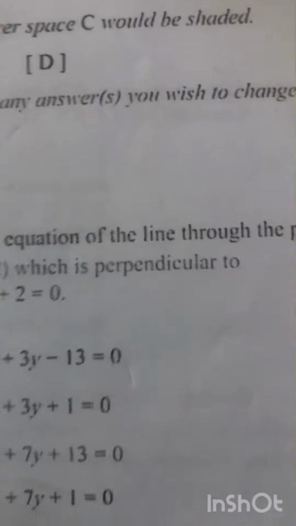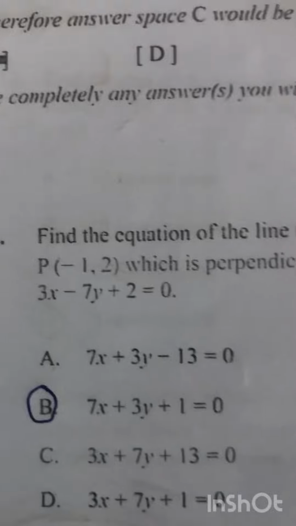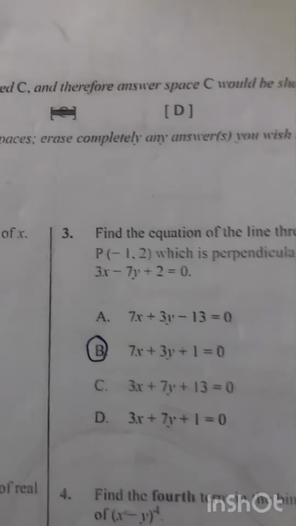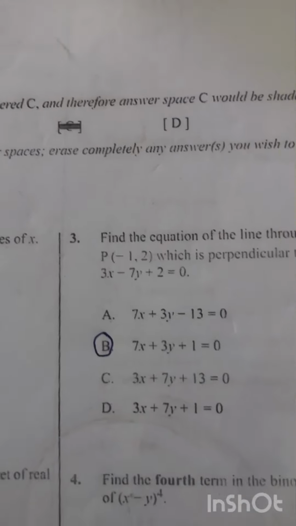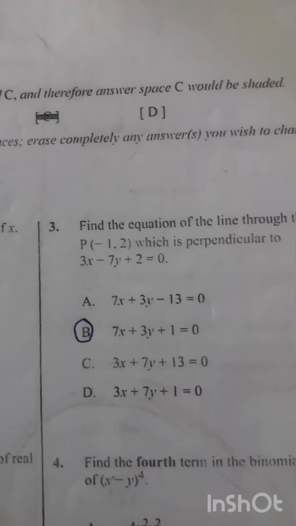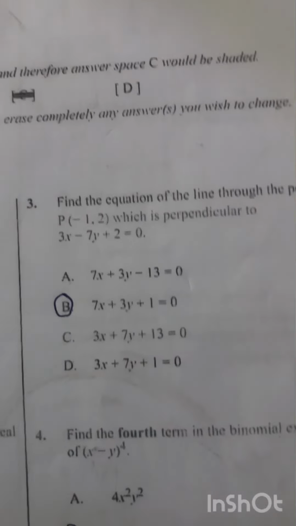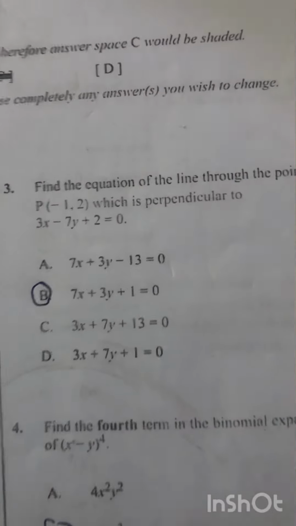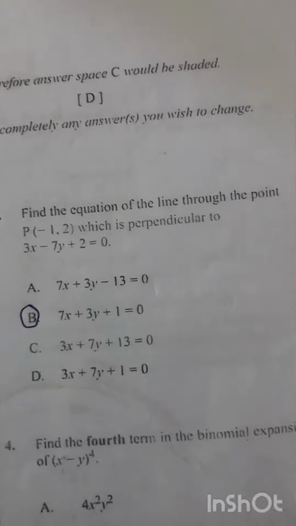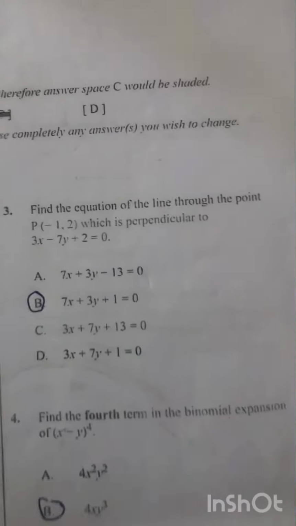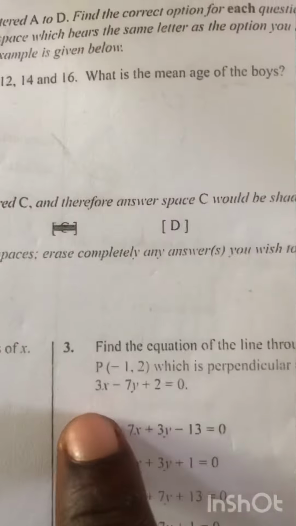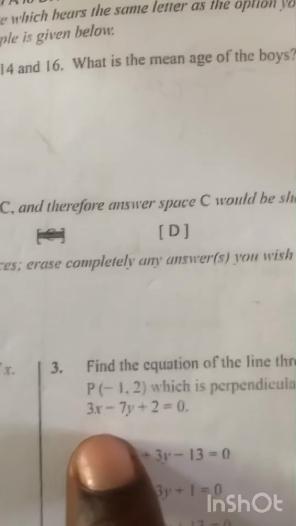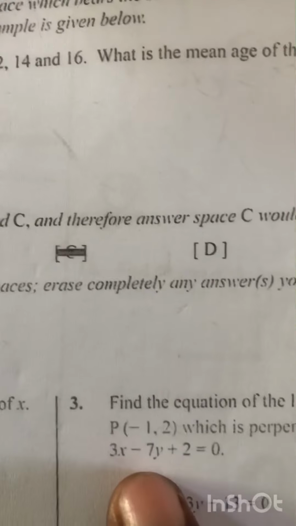Question 3 is coordinate geometry. We are supposed to find the equation of the line through the point -1, 2, which is perpendicular to another line. We know that for the gradients of two perpendicular lines, you negate and invert: m1 is equal to -1 over m2. So we read and find the gradient for that particular line.